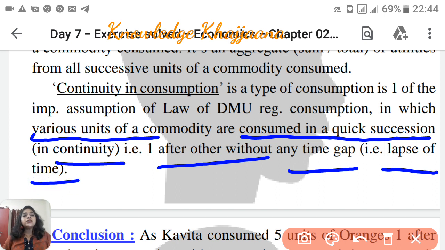That is called continuity in consumption, means she consumed one after the other without any break. And in total, how many oranges she consumed? 5. So this is the example of total utility as well as of continuity in consumption.